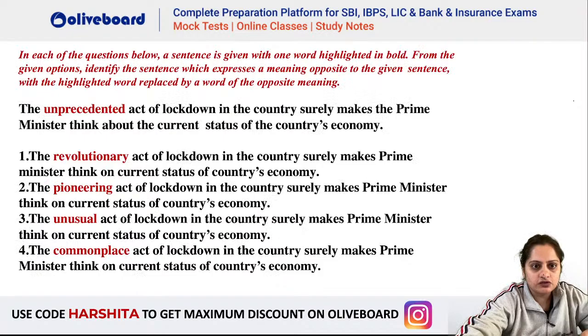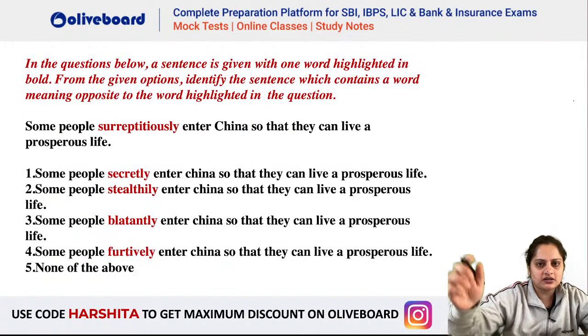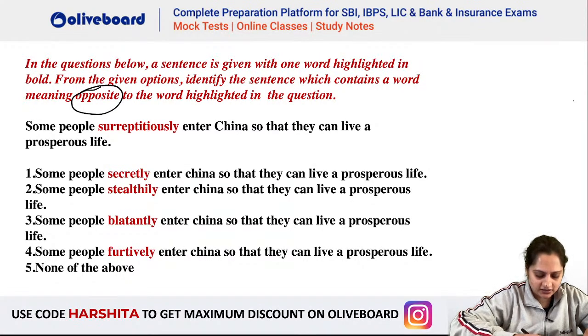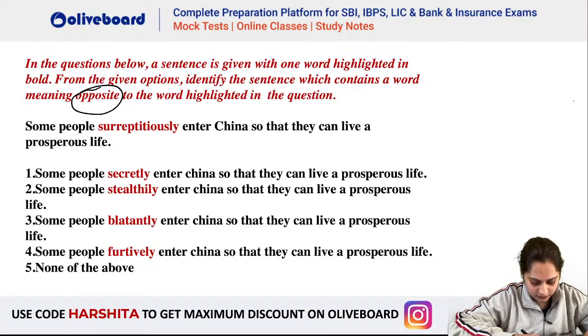If you look at the pattern, it is a little different. There are only two questions from this pattern. Opposite meaning word. You have to select from this the opposite meaning.